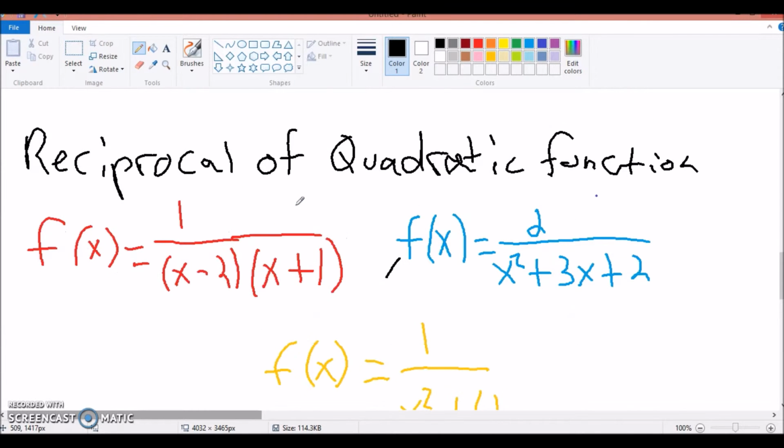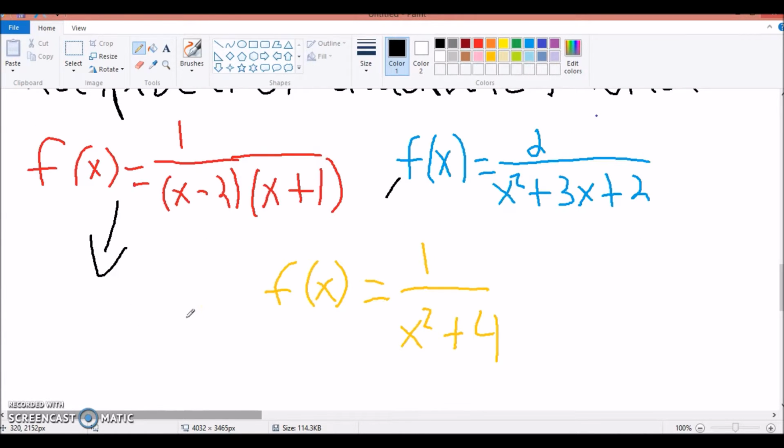For example, in this function, you already have the vertical asymptotes. Every time there are two solutions, it will lead to a function having three parts, because there are two asymptotes, and between them it will have a little parabola shape. You can find the vertex of this by solving an equation.